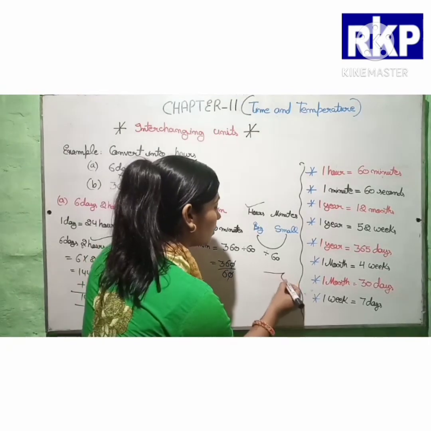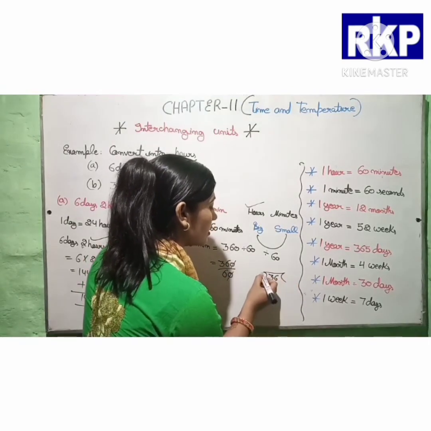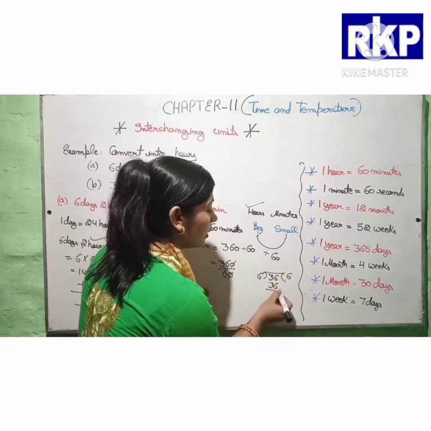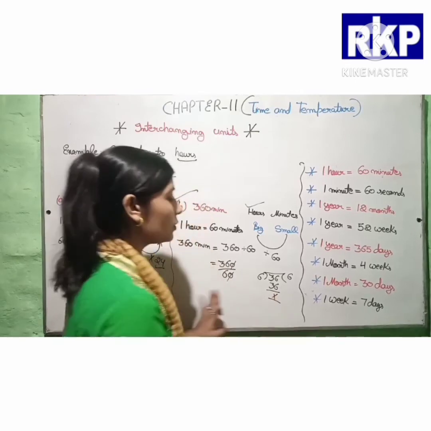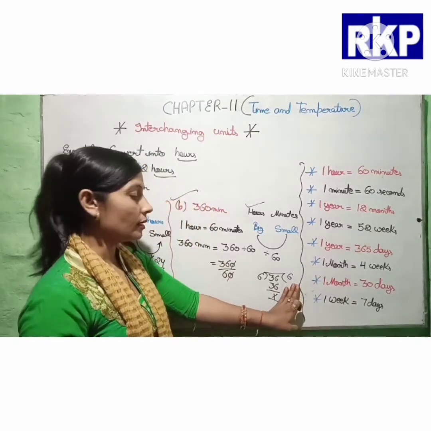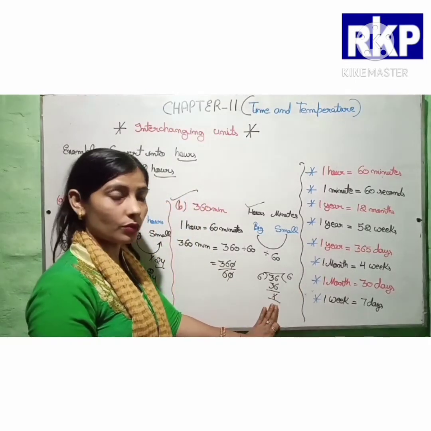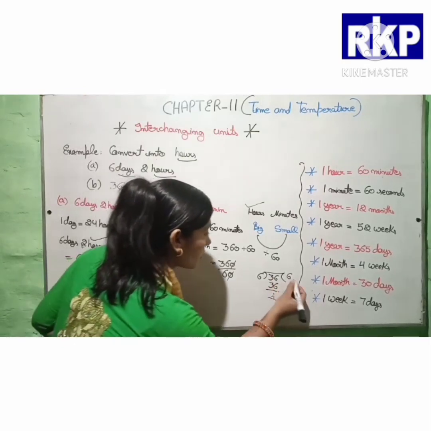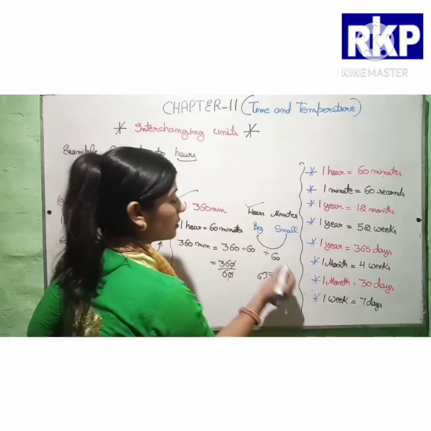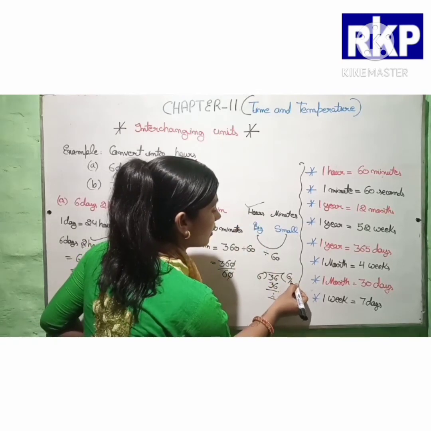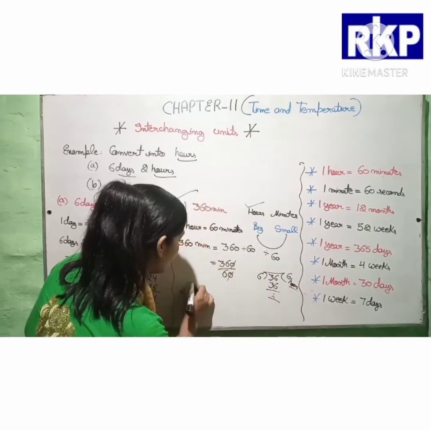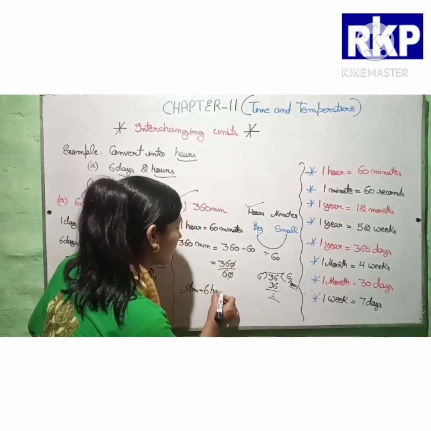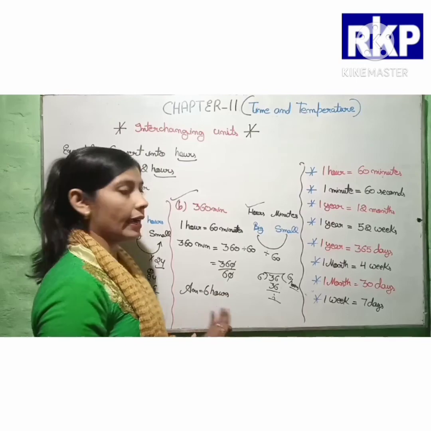So now we divide 36 by 6. 6 6s are 36, so 6 is our quotient and 0 is our remainder. So our answer is 6 hours, and 0 minutes.